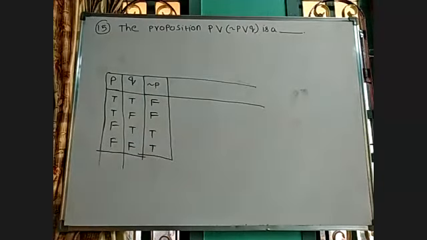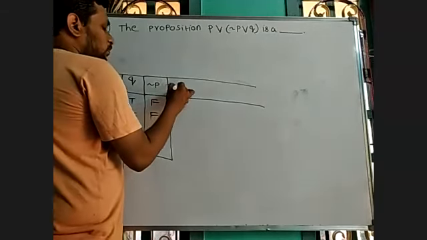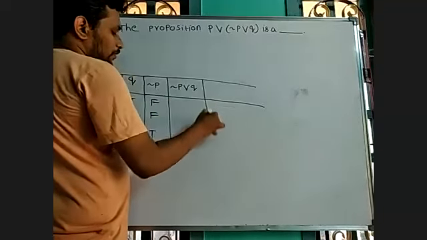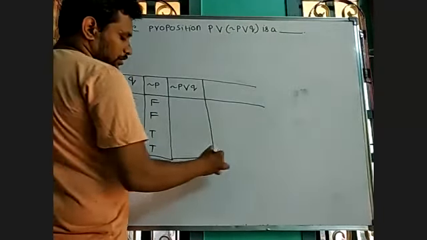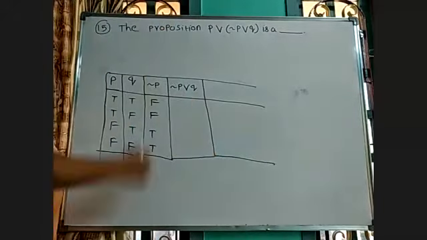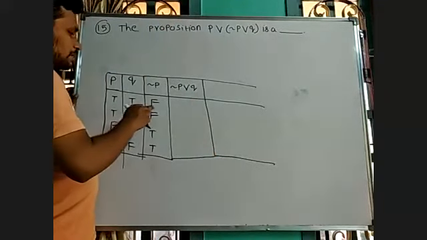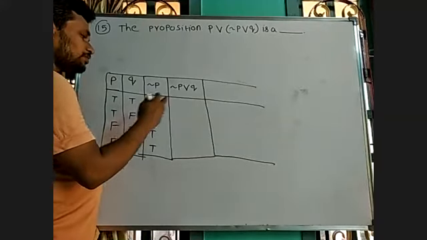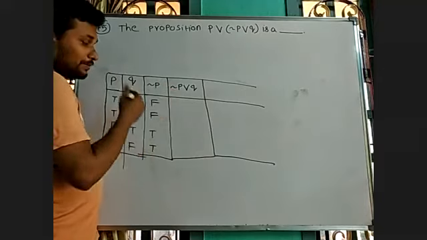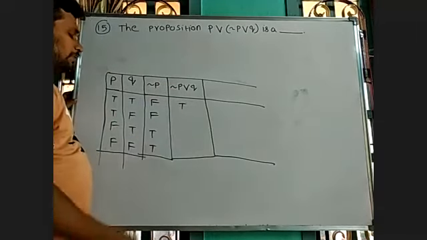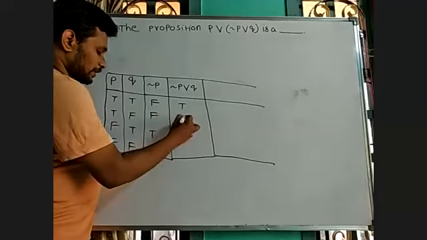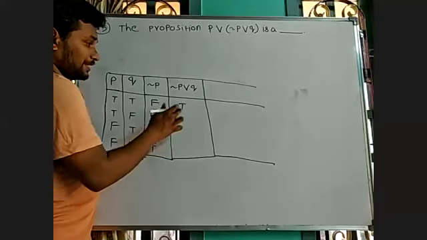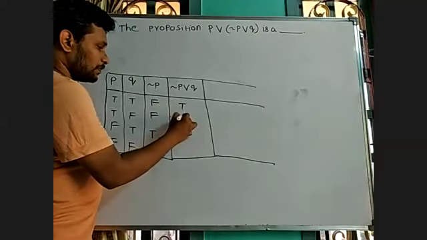Next, negation of P or Q. Negation of P false, true. What do we get? False, true means with the OR symbol we are getting true. False, false we get false.